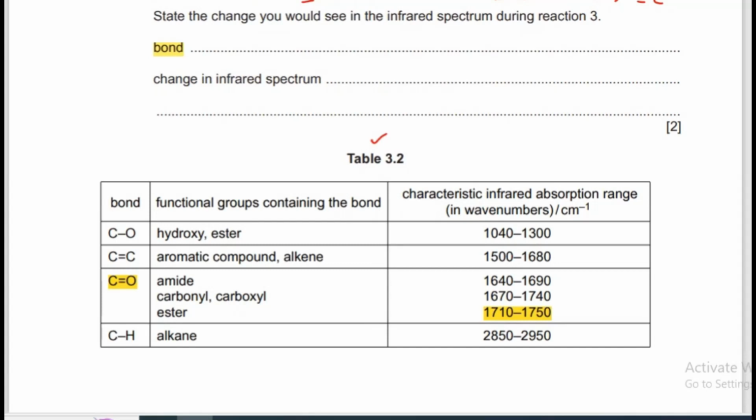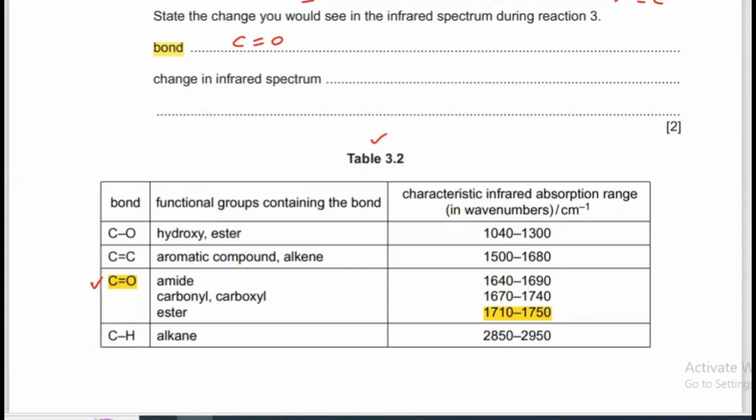So to state the change, as you can see, in the alcohol the OH bond is converted into C double bond O, and you have the data of C double bond O. So this bond can be used, or the data of the C double bond O can be monitored.